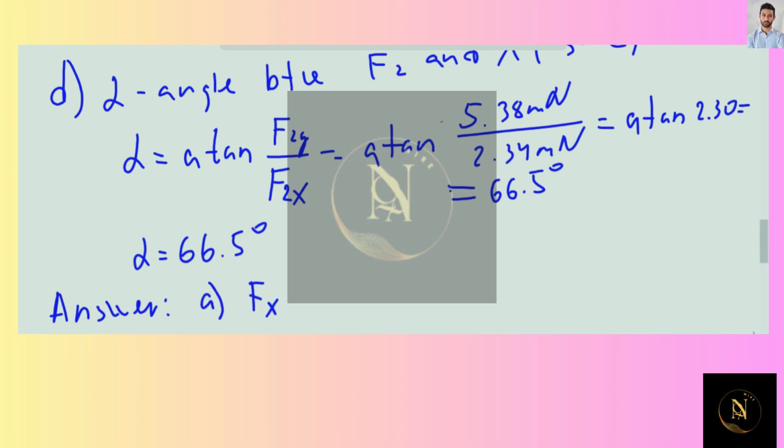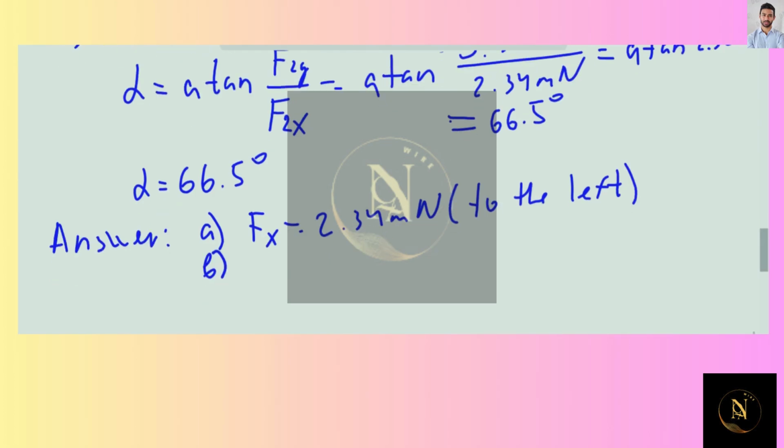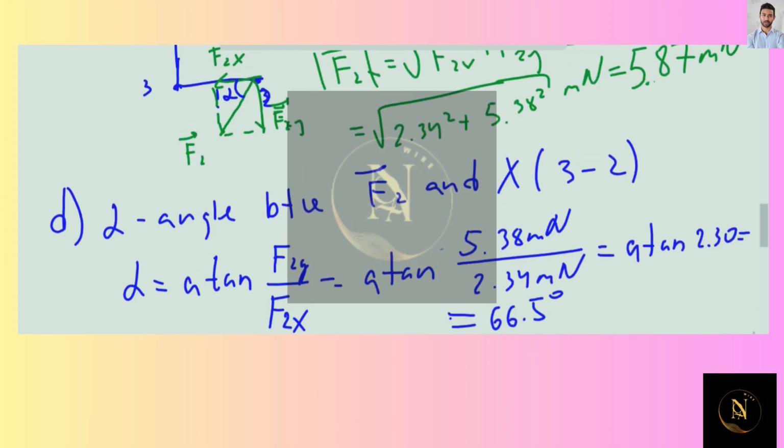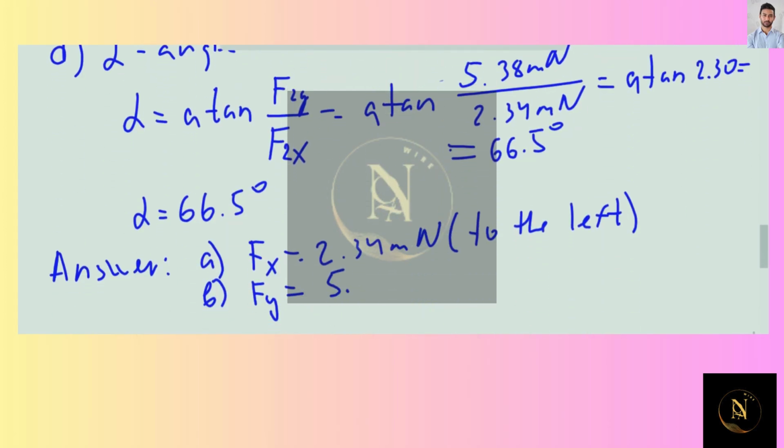First, Fx equals 2.34 millinewtons, and it's directed to the left. Fy equals 5.38 millinewtons, and it's directed down.